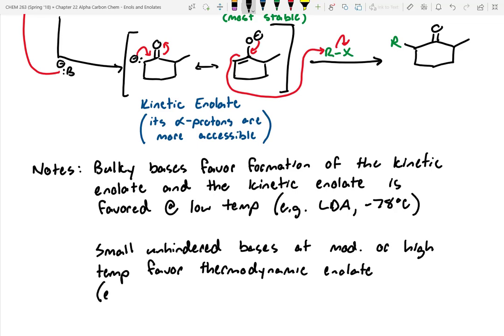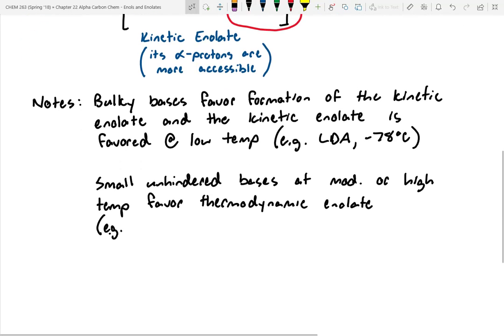And an example set of reaction conditions for this would be something like sodium hydride. Sodium hydride is a nice small unhindered base, and quite often this can just be done at room temp. You don't even need to really crank the heat up. Room temp's enough heat. Does that make sense?